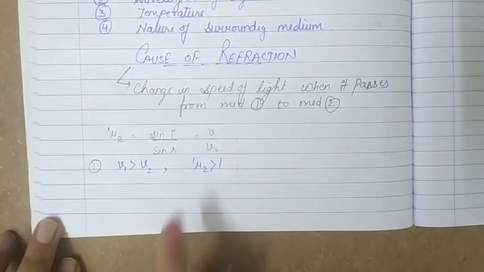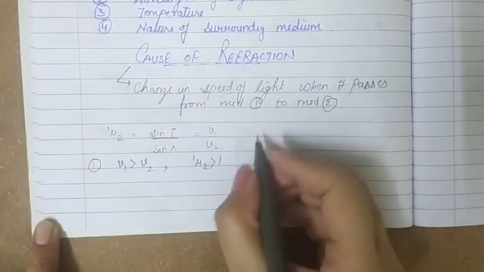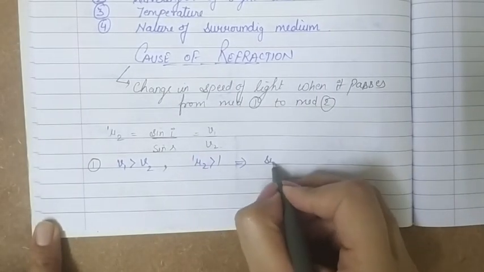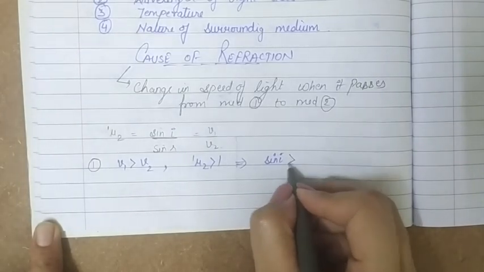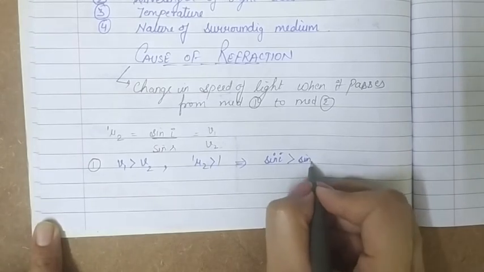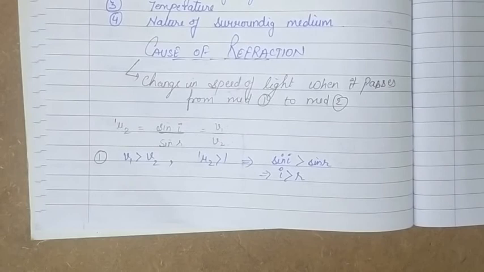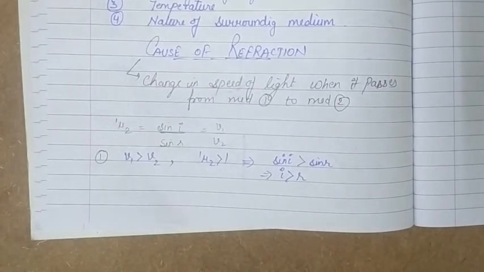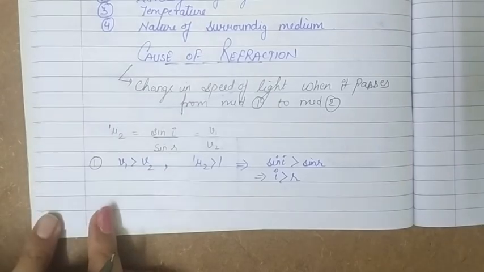That means the refractive index of medium 2 with respect to 1 is greater than 1, or we can imply that sin i upon sin r is greater than 1, or sin i is greater than sin r, and this implies that i is greater than r. So if i is greater than r, this shows that the light ray bends towards the normal.